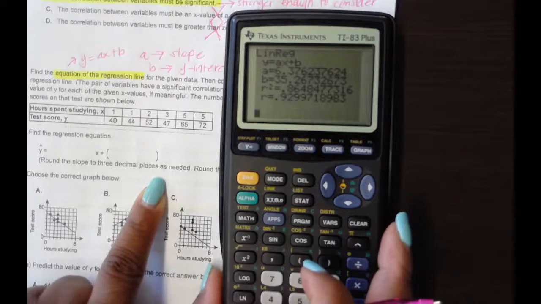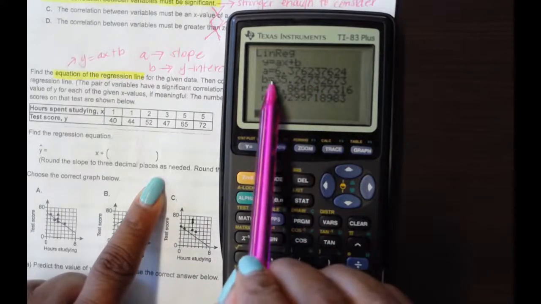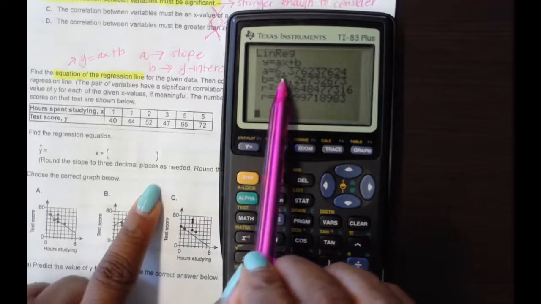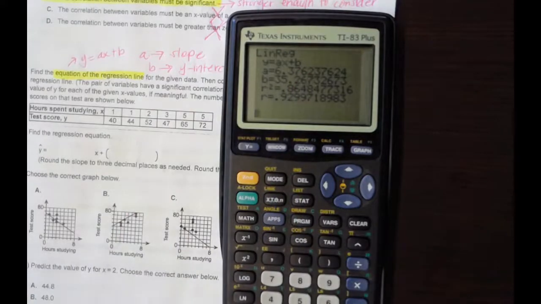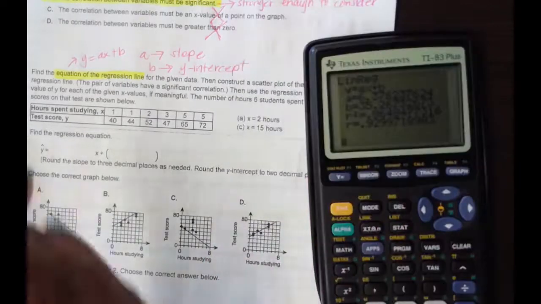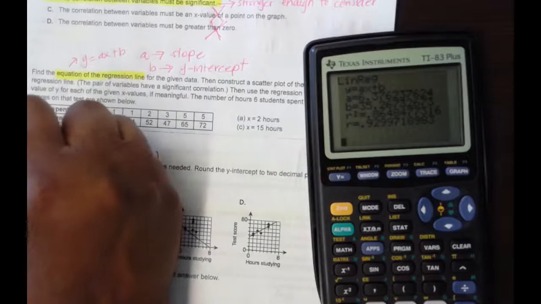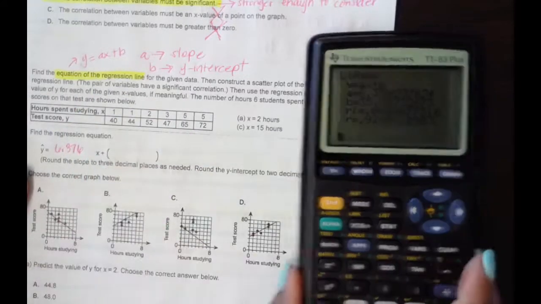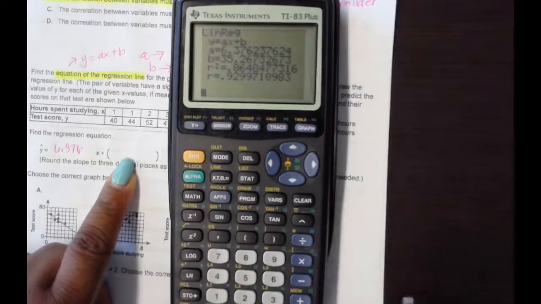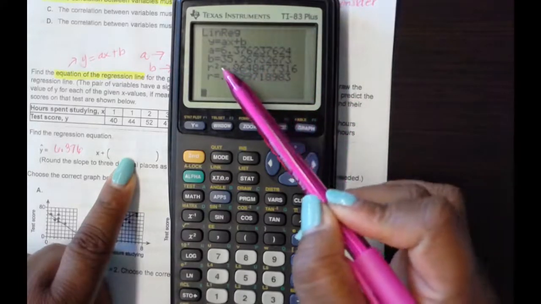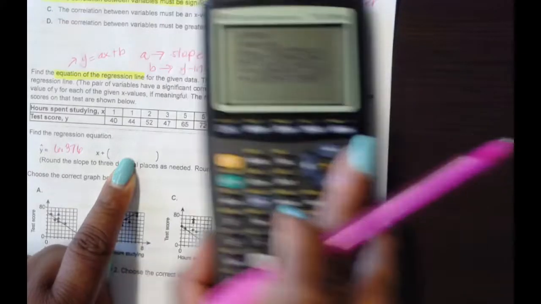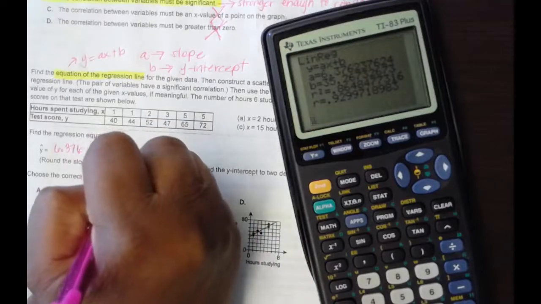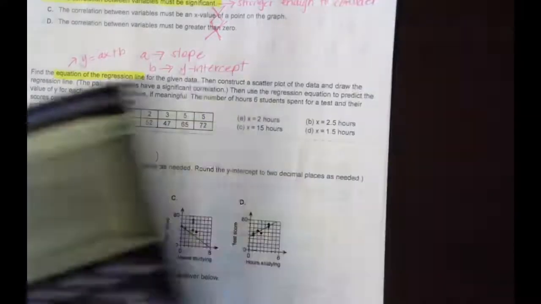The slope is A, so that's 6.376. 6.376 x. The y-intercept goes here, and I need to round it to 2 decimal places. That would be 35.28. Alright, so there's my equation.